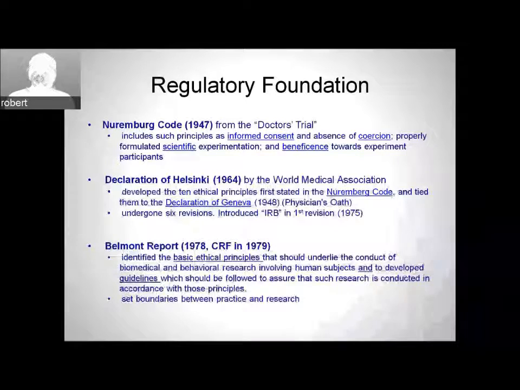Okay, let's talk a little bit about the foundation that these types of things brought to us as far as the regulatory environment. The Nuremberg Code in 1947 came out of World War II. What that did is it provided us the means to use informed consent, reduce coercion, and make sure that scientific methods were properly used for experimentation. Another key piece that you will hear more about later is beneficence toward the experiment participants.